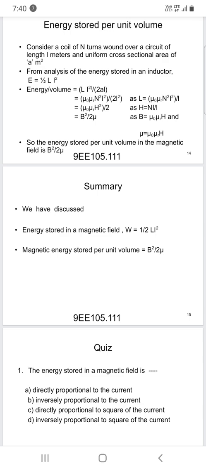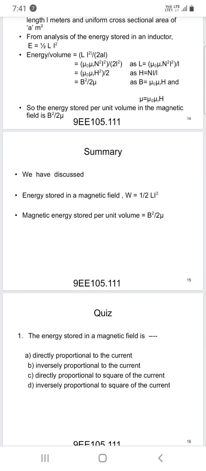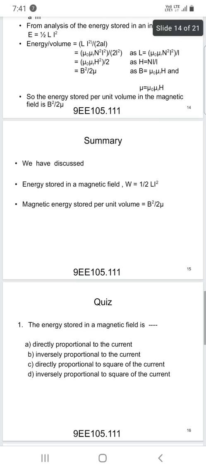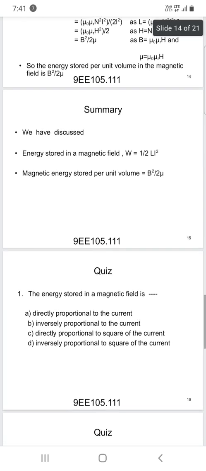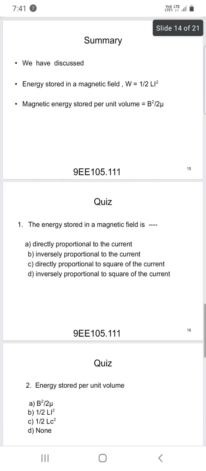From this expression, B is equal to mu naught into mu r into H, the relation between B and H. Then we will get B square by 2 mu. So the energy stored per unit volume in the magnetic field is B square by 2 mu.